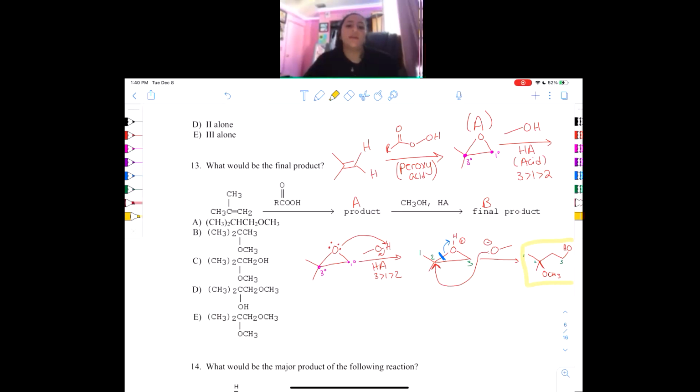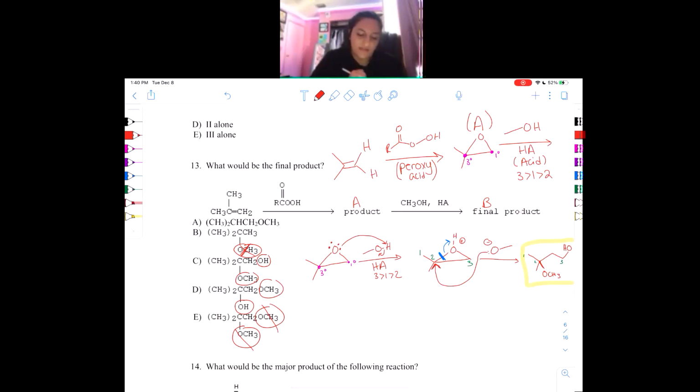Perfect. All right. So now we are just looking for the answer choice that fits this. And which of these answers would fit what we just drew? Well, this one has 2 OCH3s. That's gross. Ew. This one has an OH and an OCH3.